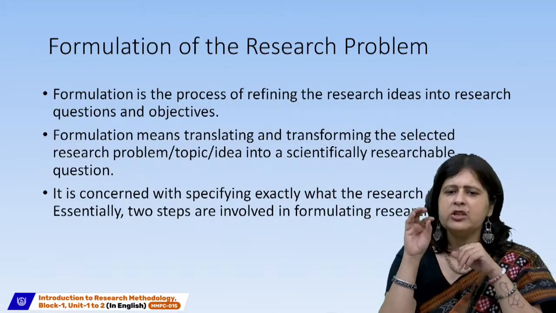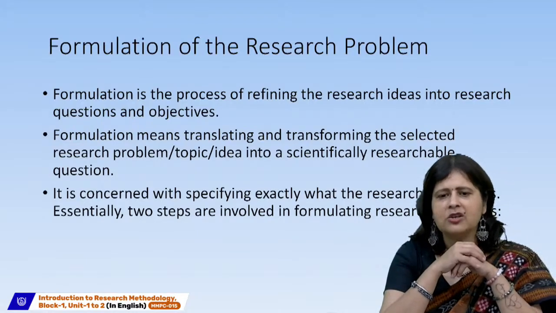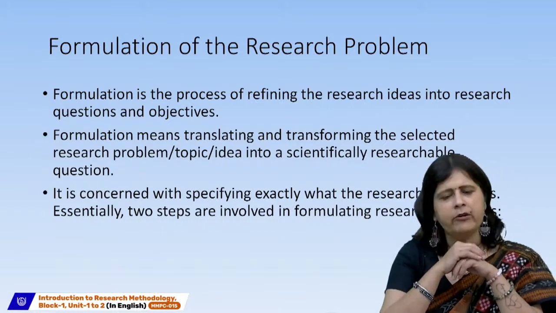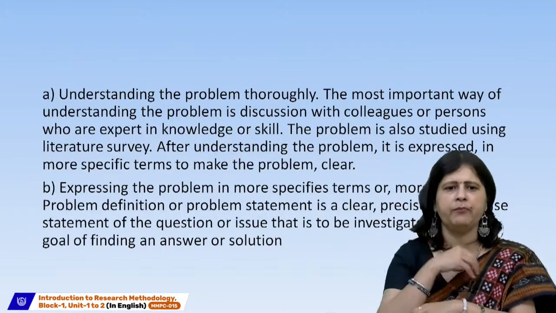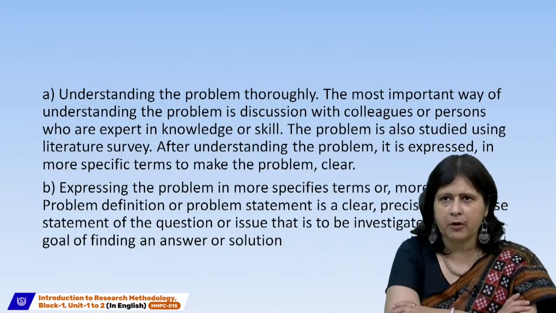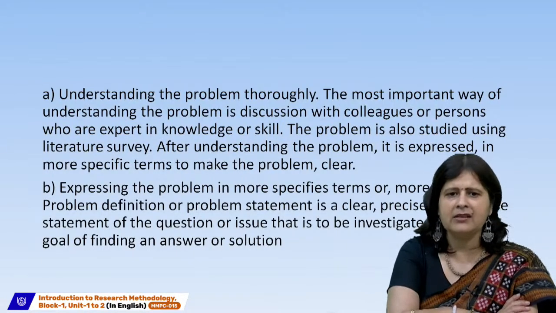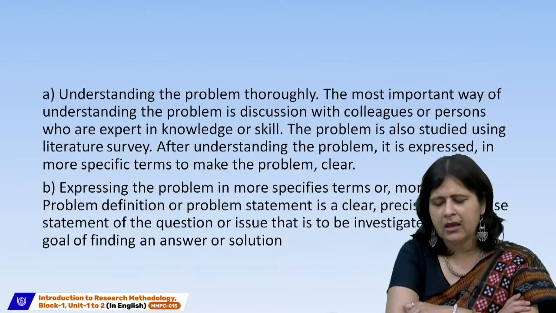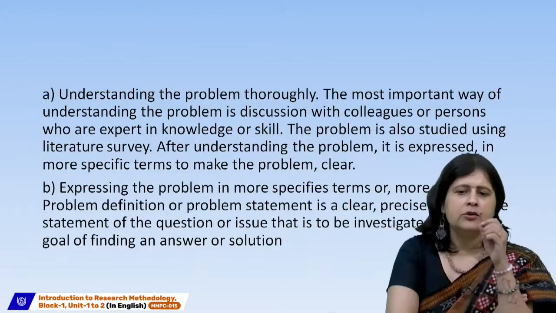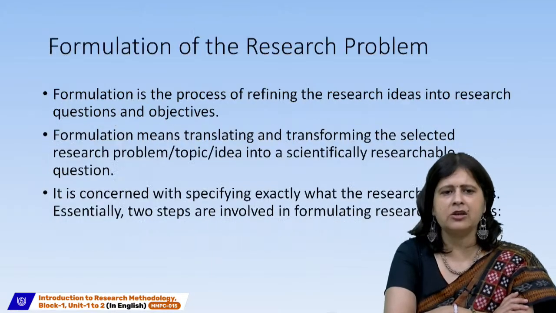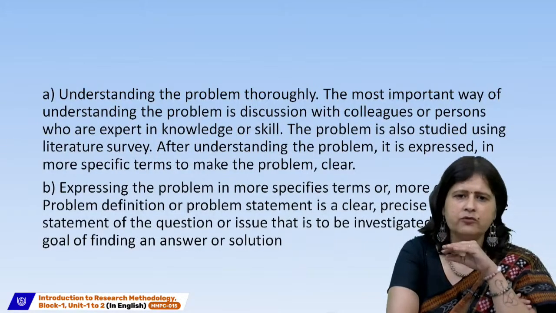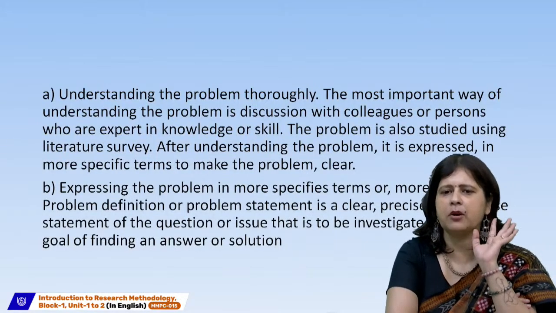It is concerned with specifying exactly what the research problem is. Essentially, two steps are involved in formulating the research problem. First is understanding the problem thoroughly, and the second is expressing the problem in more specific and clear terms.